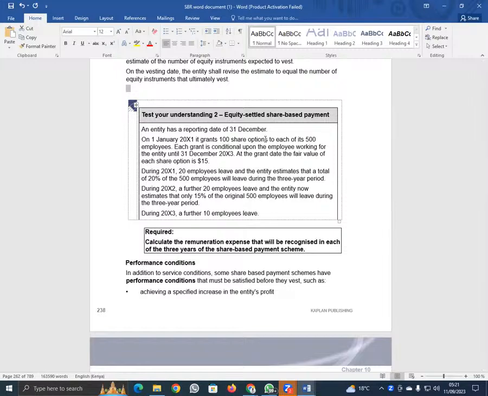So we're looking at these guys working for us for the whole of 21, the whole of 22, and the whole of 23. Those are 3 years. You must work for us for 3 years for us to give you the company's shares. Here we are looking at longevity of service; we want you to serve us for 3 years.